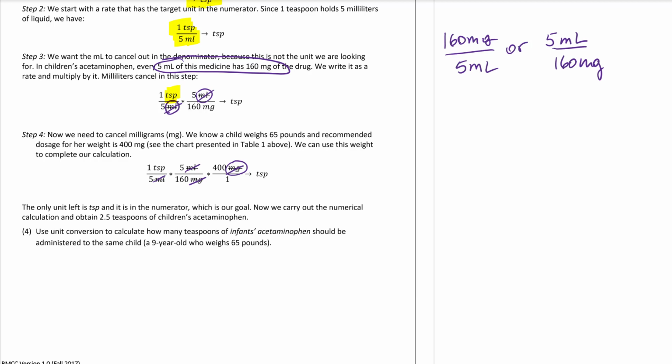You multiply it across. You multiply 5 with 400, so that will give you 2,000. And then the bottom will be 5 times 160, which is 800. The only unit that's left is the teaspoon. So you got 20 divided by 8, which is 2.5 teaspoons.